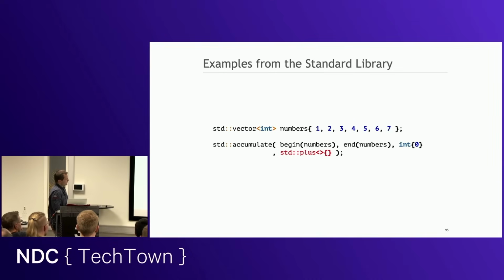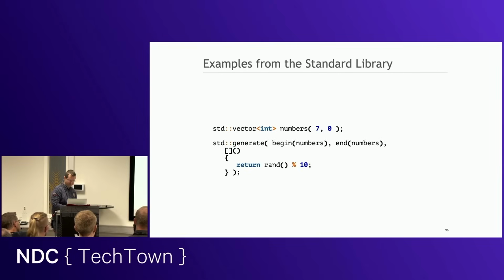I chose the boring thing perhaps, but std plus. What is std plus? Well, it's a strategy. I inject the behavior for the accumulation into accumulate. I decide how accumulate should do its work. Accumulate doesn't care, it will do its job. I can inject this behavior.